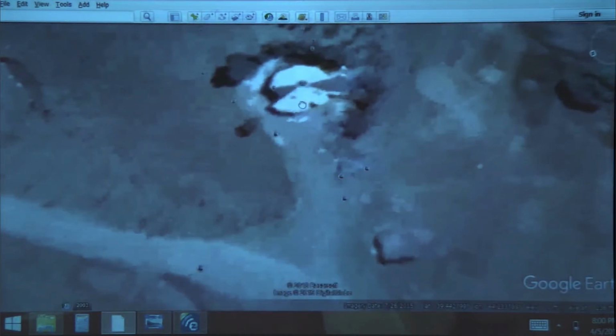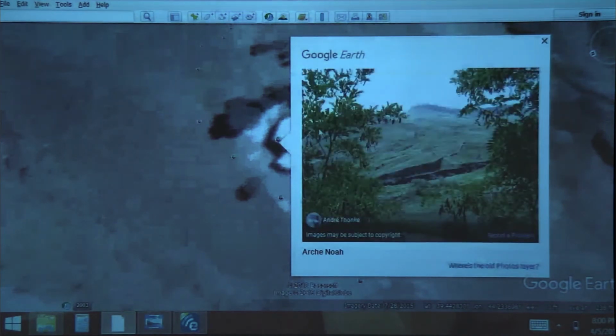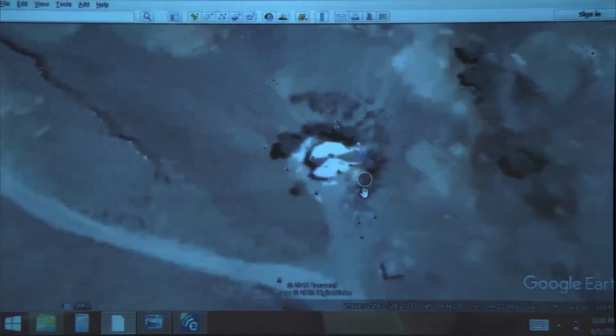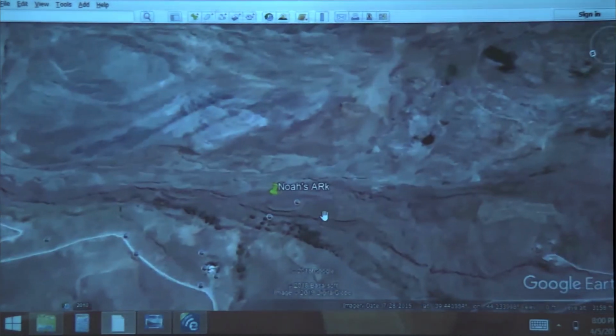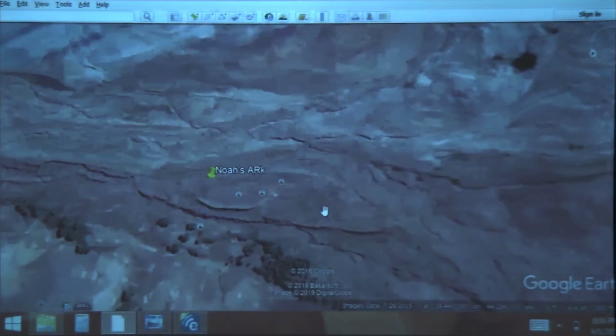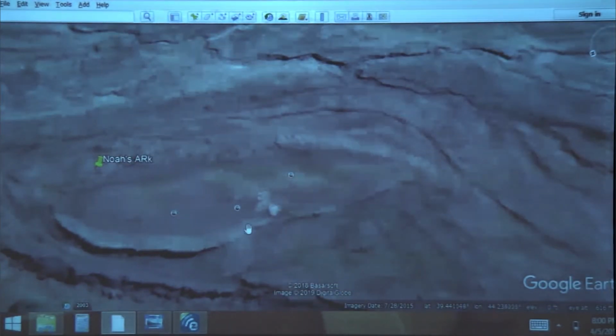Oh, it doesn't show it. But anyway, this is actually the visitor center for Noah's Ark. Did anybody even know that was there? Yeah, this is another picture. So it's almost like things are being revealed to us that we didn't know 50 years or 100 years ago. But this indentation right here is the exact dimensions of the ark.